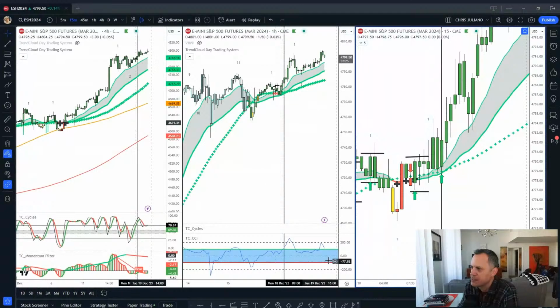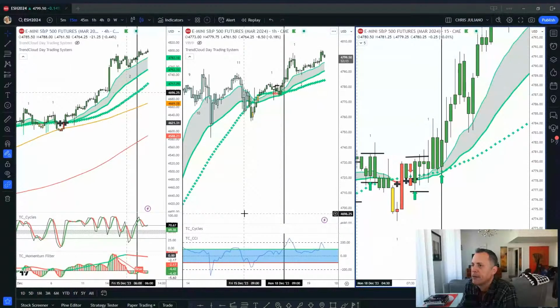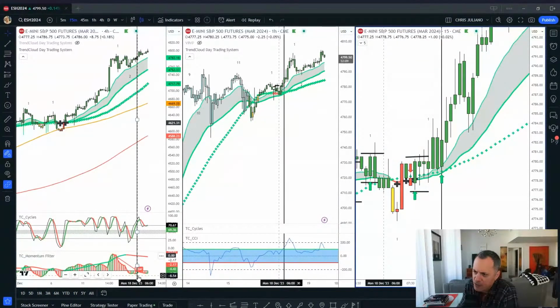Now let's see, does this signal right here fit the scenario? Above that positive 100, so we have momentum on the middle time frame. Is momentum up on the high time frame? Yes, it is. You can see right here that this is green, and we are also green on the cycle indicator.